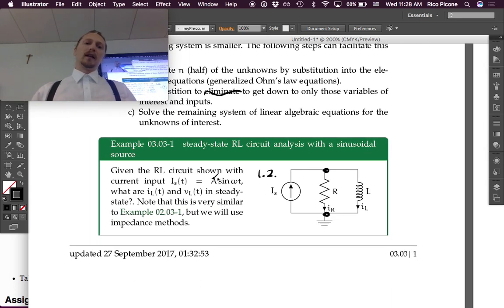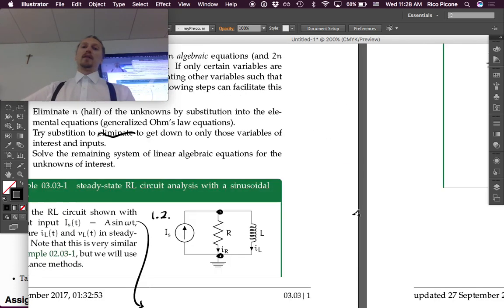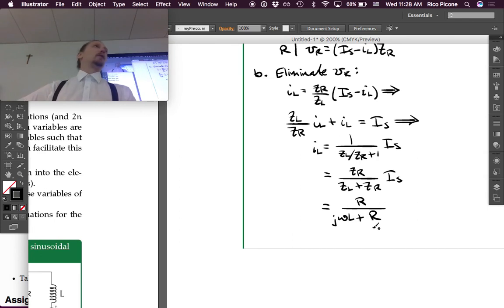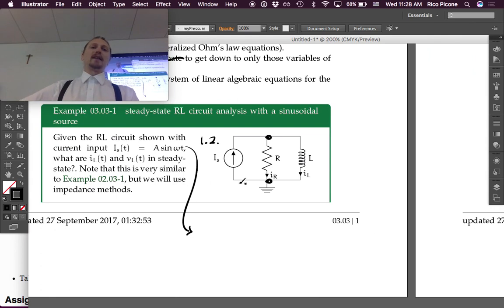So it is A sine omega t. Now, if we want to write A sine omega t in phasor form, which we're going to want to do so we can combine it with what we will turn into phasor form for the impedance, we can either use the so-called sine convention for the phasor form or the cosine convention.